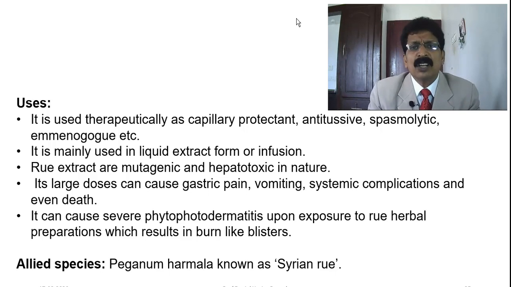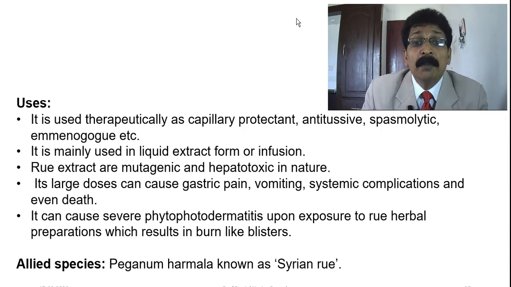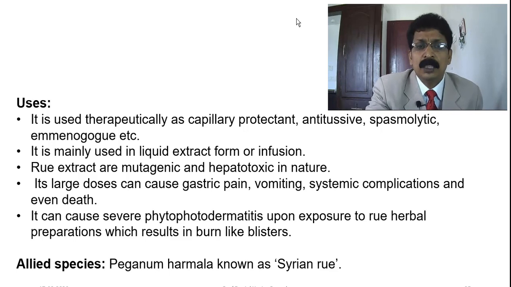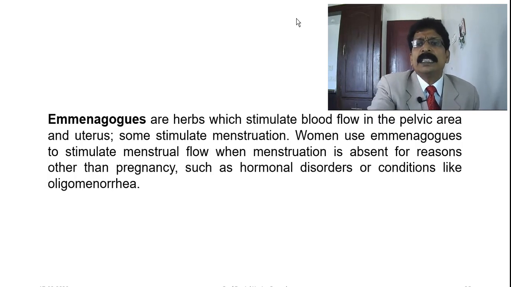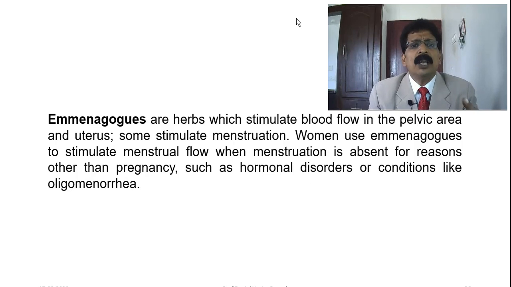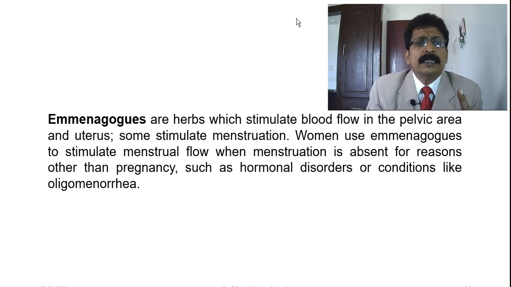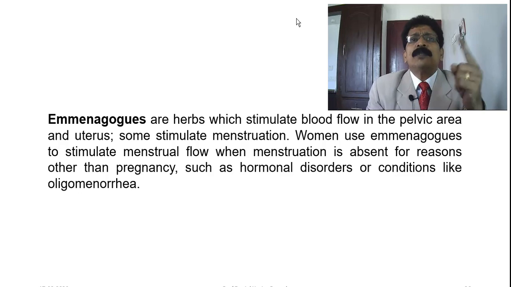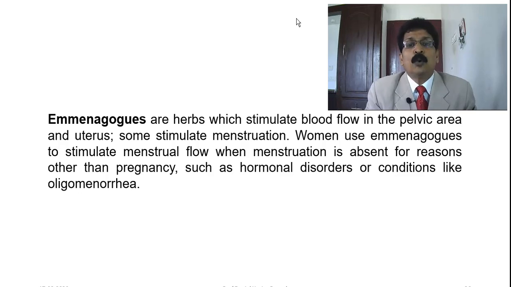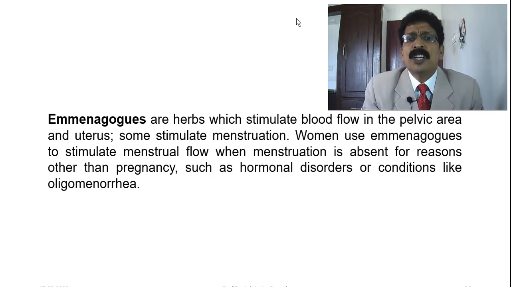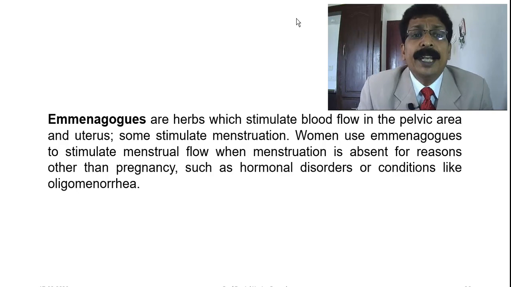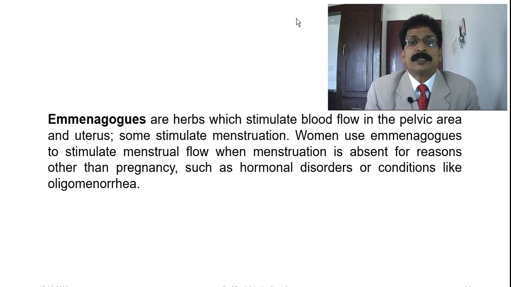An allied drug is also available, Peganum harmala, known as Syrian rue. I have shown you this slide because students may be wondering what an emmenagogue is. There are many other herbs besides rue. Emmenagogues are herbs which stimulate blood flow in the pelvic area and uterus.